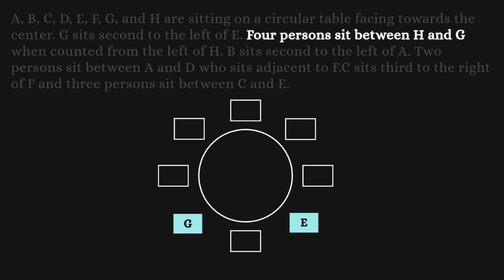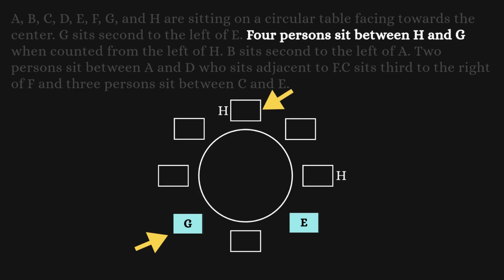Next, 4 persons sit between H and G. So from G, let's count 4 people. 1, 2, 3, 4. H could be sitting either here or the other side. 1, 2, 3, 4. H could come here as well.